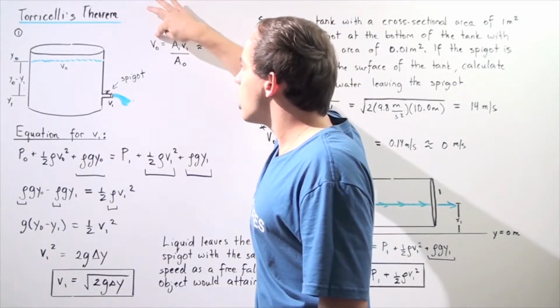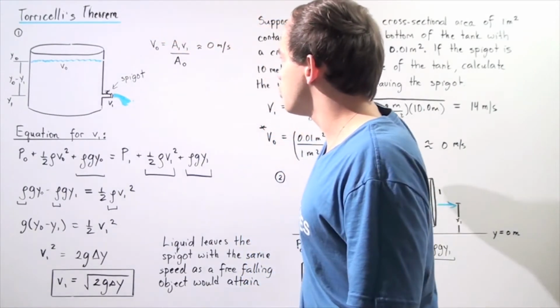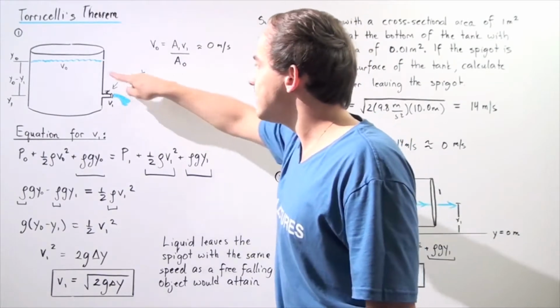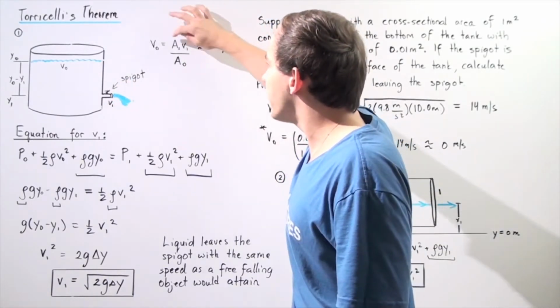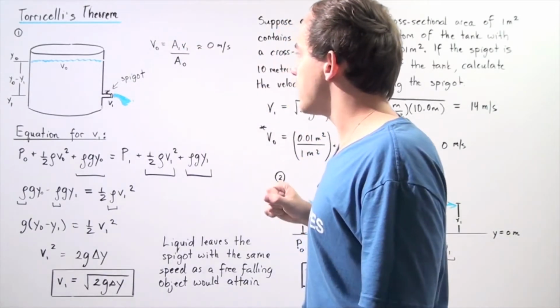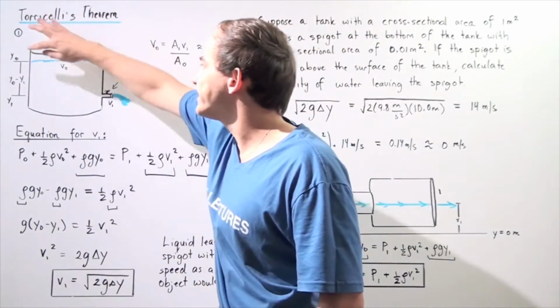The velocity of the fluid at the surface of the fluid, V0, is equal to V1, the velocity at the spigot, multiplied by A1 divided by A0, where A1 is the cross-sectional area of the spigot and A0 is the cross-sectional area of our tank.